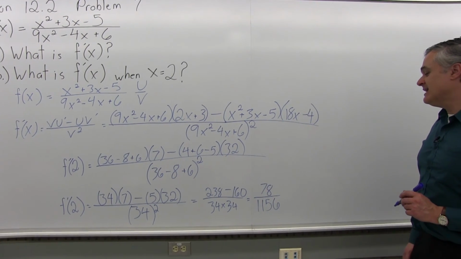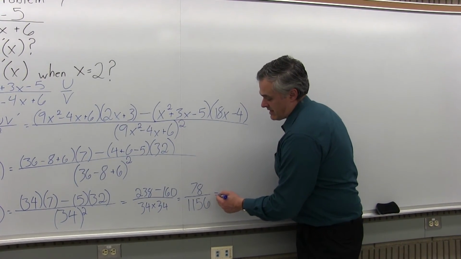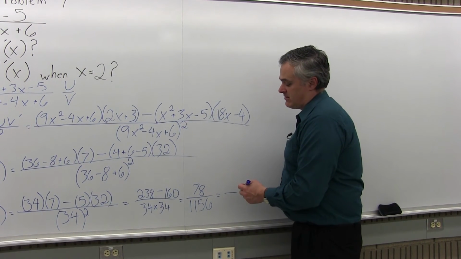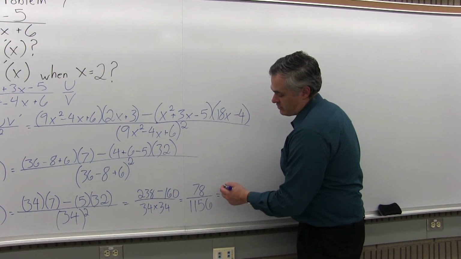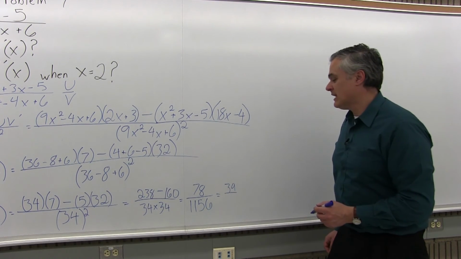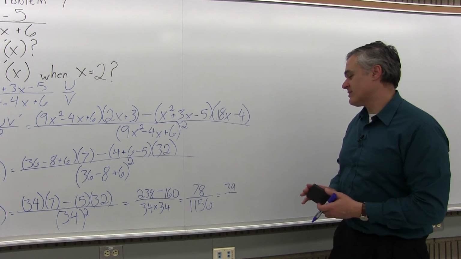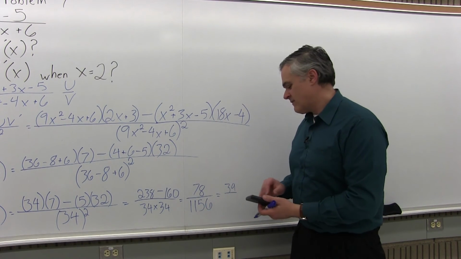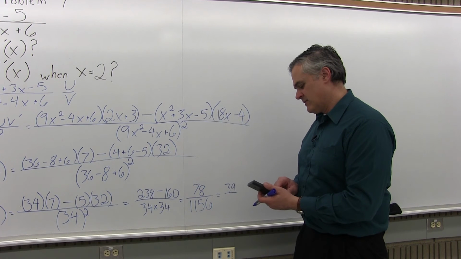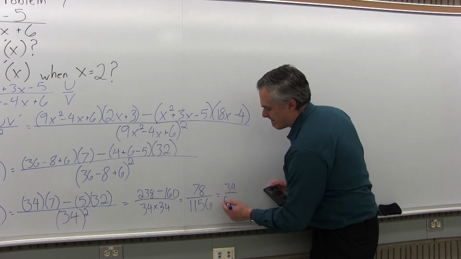And that's even. You can reduce it if you want. So half of 78 would be 39. Half of 1156, I should just use my calculator, 1156 divided by 2 is 578.